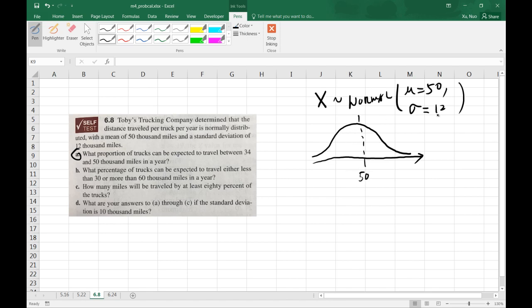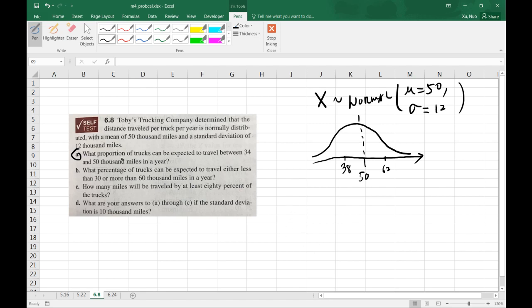We know one standard deviation is 12. So 50 plus 12 gives you 62. If you subtract 12 from 50, that should give you 38. So this is one standard deviation to the right, one standard deviation to the left.